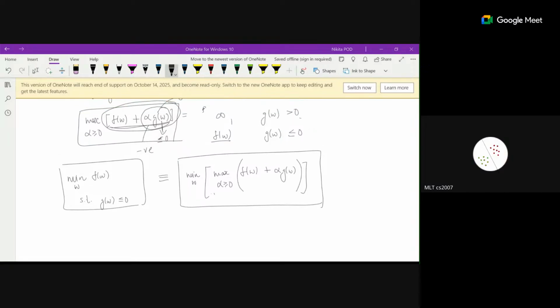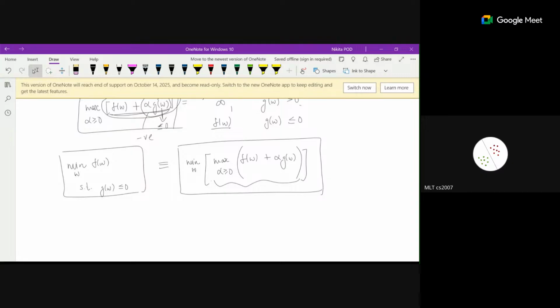Alpha is applicable to both, right? Yes, this is one function: f of W plus alpha G of W is one function. So this is my primal problem.